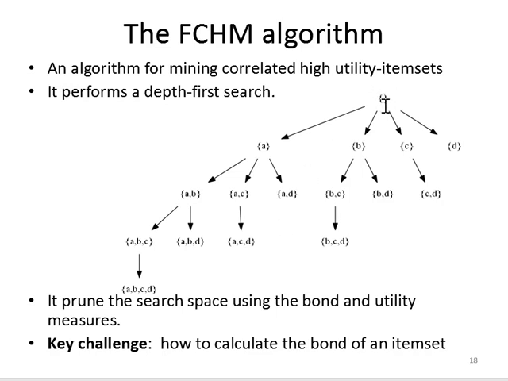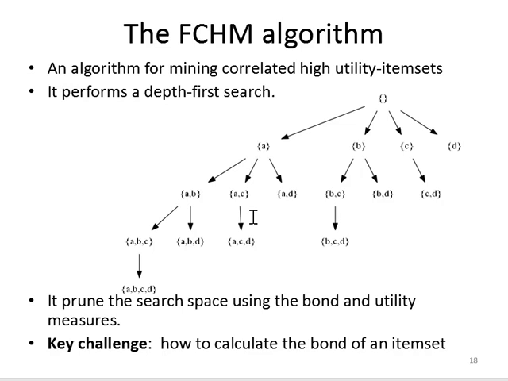On top you have the empty set, then A, B, C, D, then A and B together, AC, AD, BC, and so on. You have all the possibilities. So the algorithm will do a depth first search. It starts from the empty set, then A, then AB, ABC, ABCD, then goes back up, ABD, then goes up, AC, ACD, and so on.